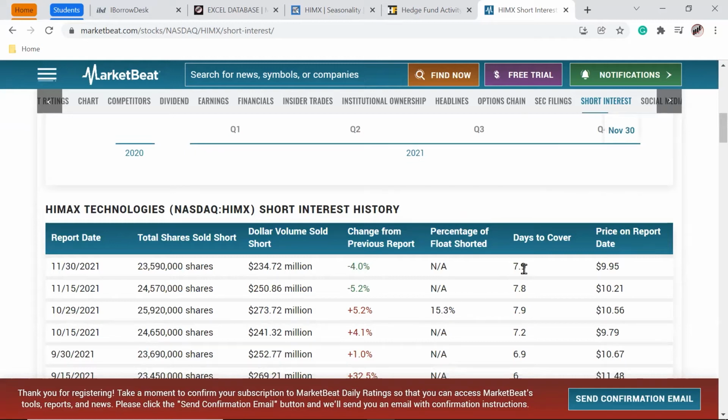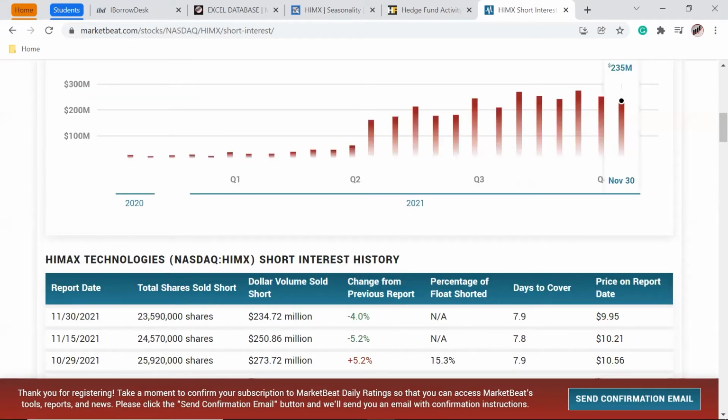Not bad, not bad. And 234 millions. Yeah, this is good, this stock. Okay, we see what happens with the stock.